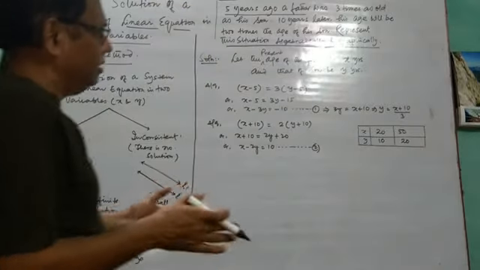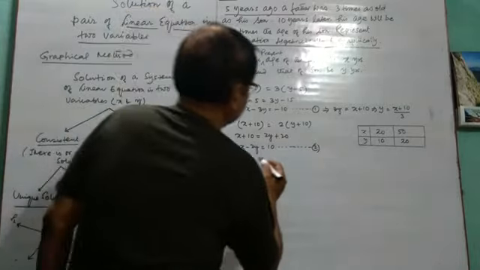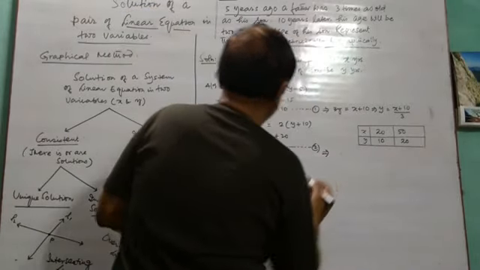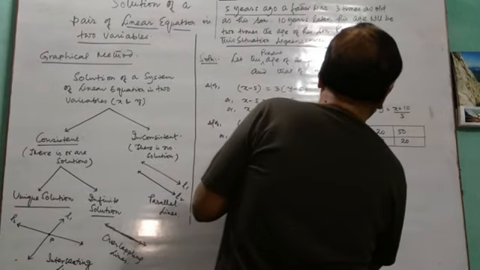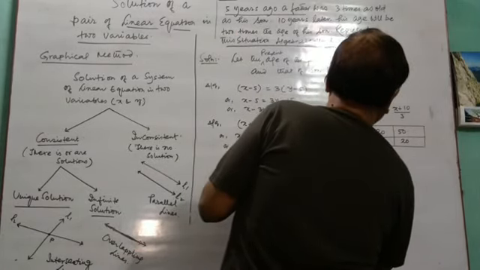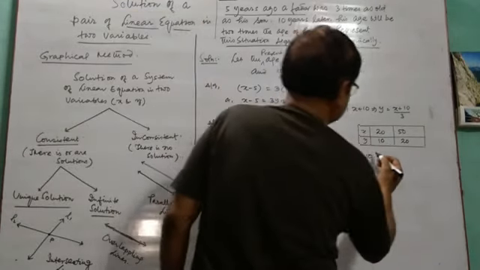Same thing we will do with the second equation. The second equation can be written as 2y is equal to x minus 10.